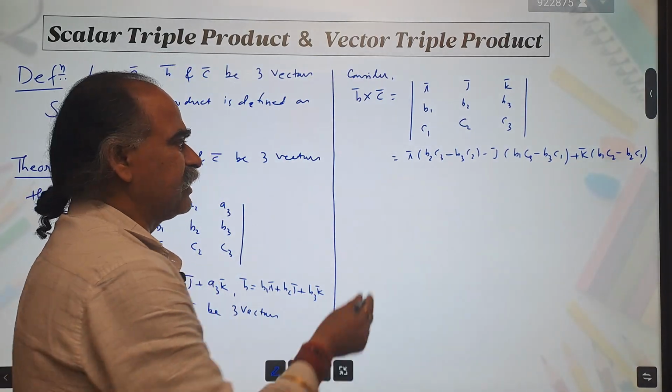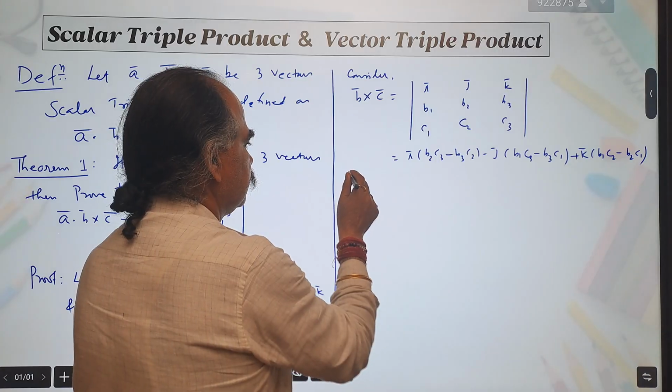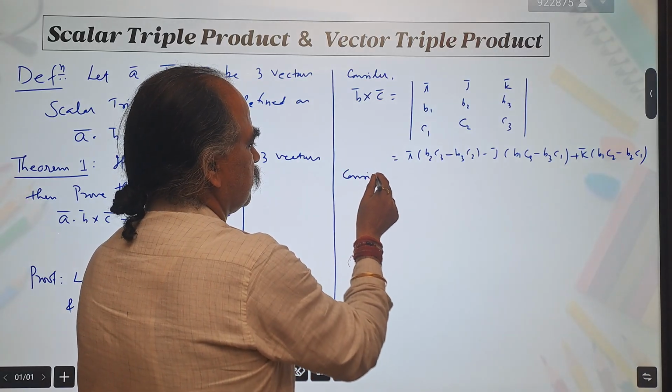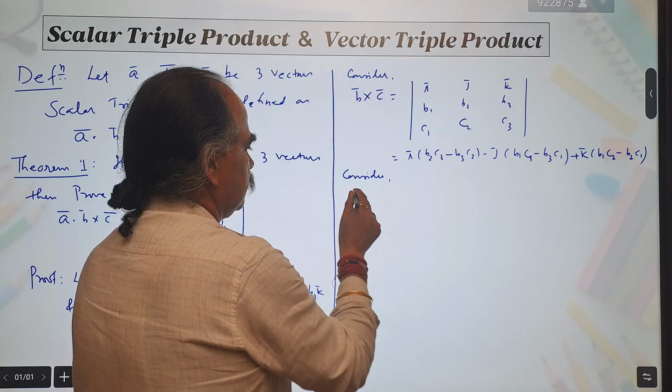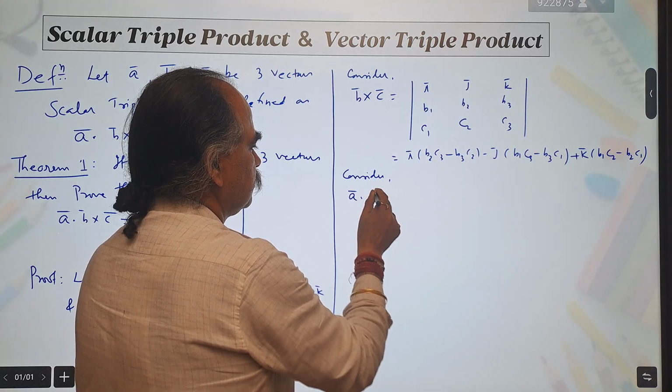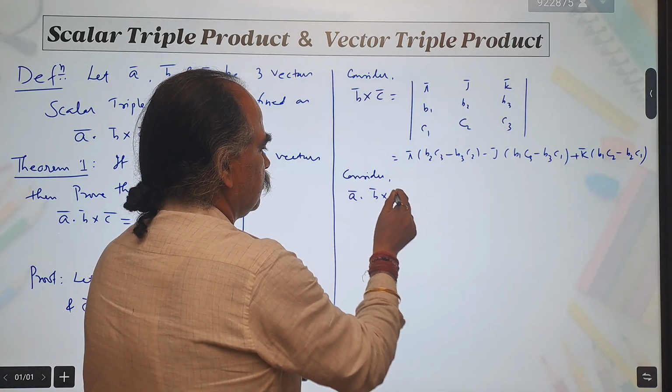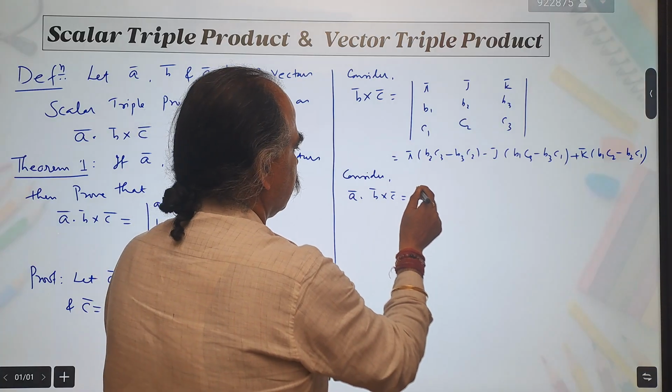After B bar cross C bar will take dot product with A bar. Consider A bar dot B bar cross C bar.